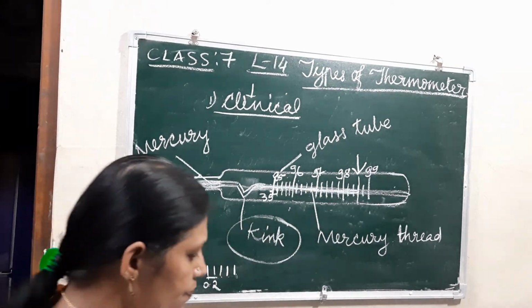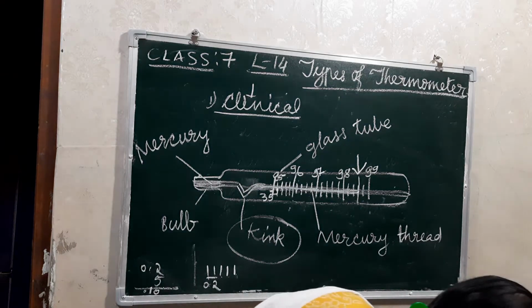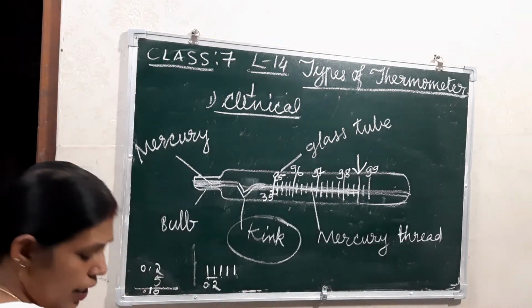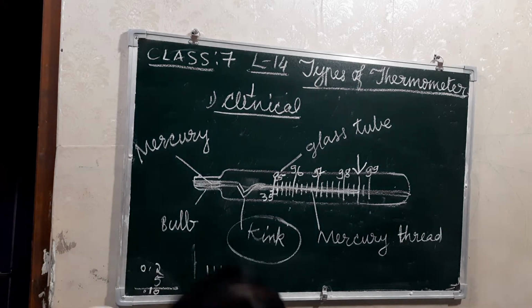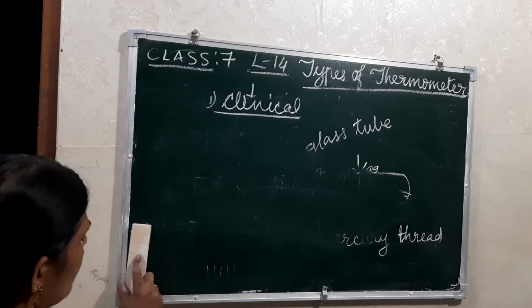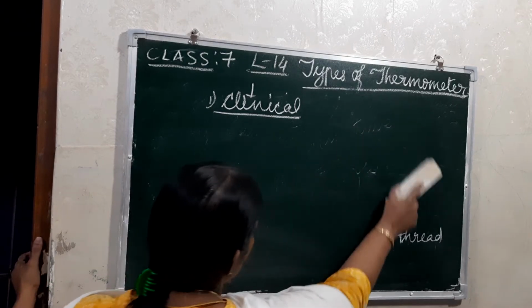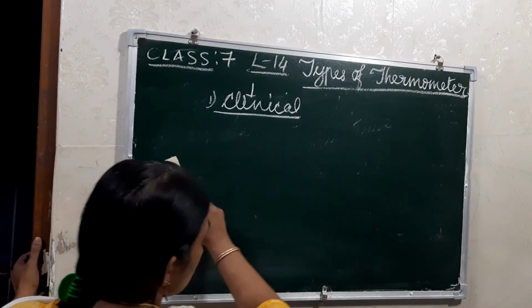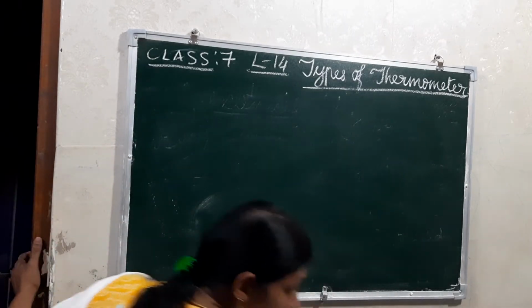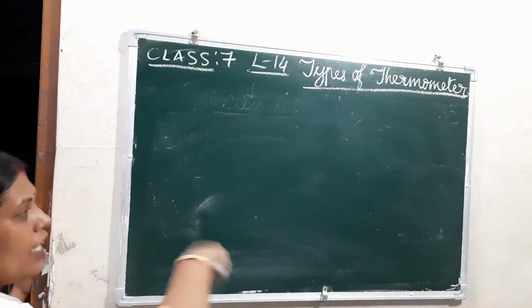Now see, the next thermometer is the laboratory thermometer. It is the same way, but when we look at the size, the laboratory thermometer is longer than the clinical thermometer.